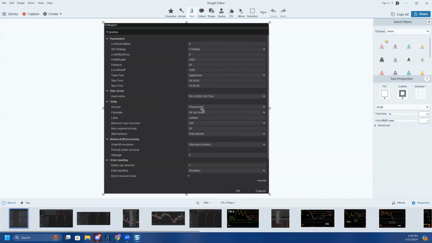Since these levels do not come very often, it's not really optimum to move the stop loss to break even very quickly, because you want to give yourself some room around these levels.